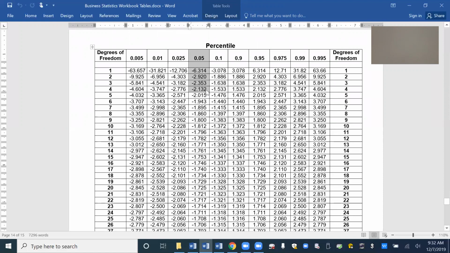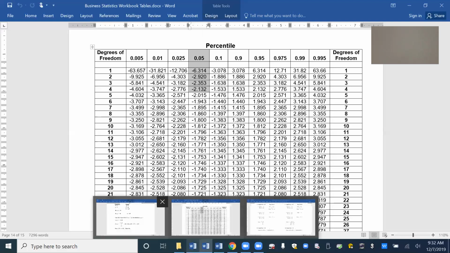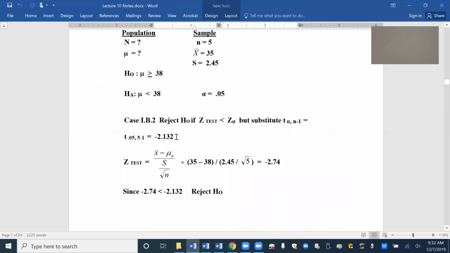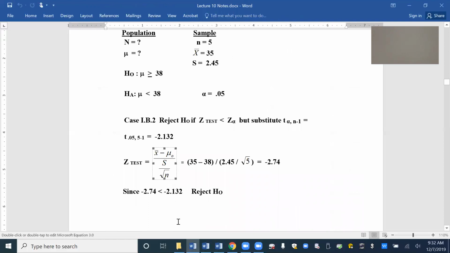That's our threshold of being too extreme or not plausible. All right, so we got that, and then we say, okay, how many standard deviations apart were we? 35 minus 38, and so on, minus 2.74.